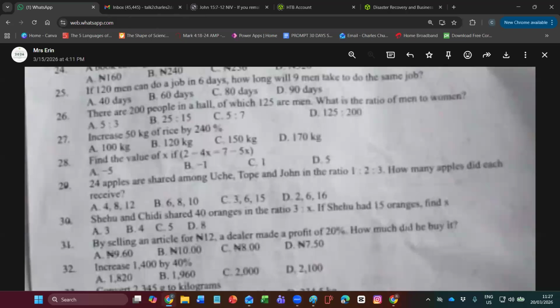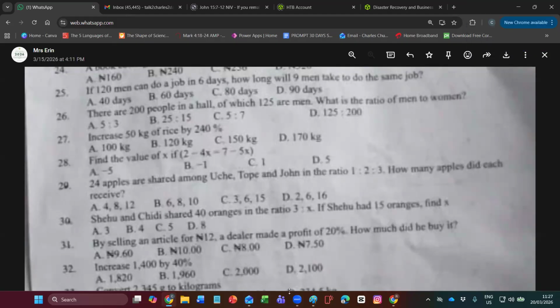We'll not do 15 ratio 25. 5 in 15 is 3, 5 in 25 is 5. So the answer is C.